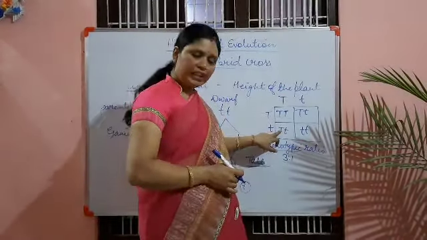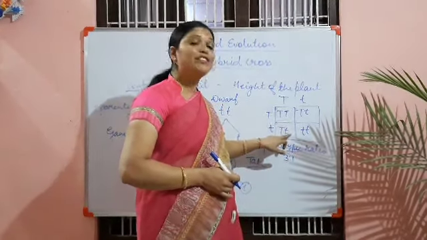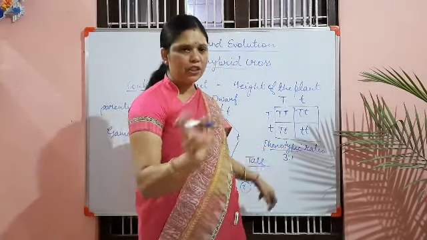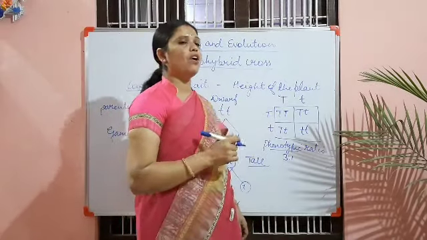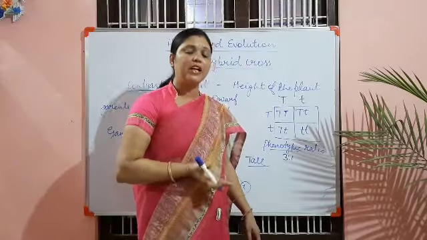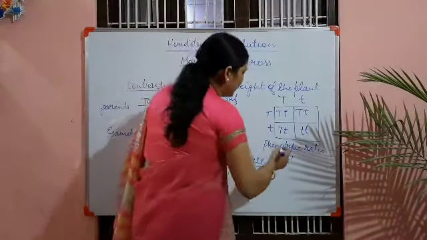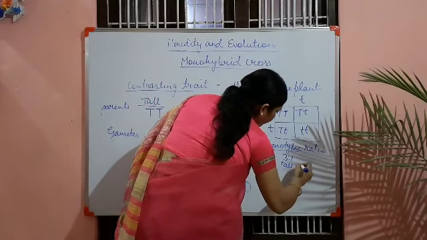Here also one capital T, one small t is there, so here also it will be tall morphologically, not genetically, because the genotypic ratio depends on genetic makeup or the presence of genes. Okay, so that will be 3:1, meaning 3 tall, 1 dwarf.